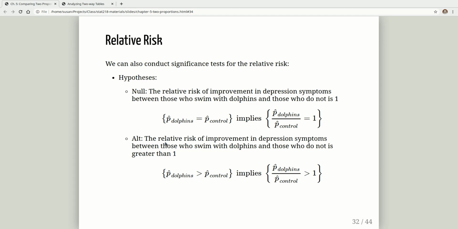The alternative hypothesis is that the proportion of people who improve in the dolphins group is greater than the proportion of people who improve in the control group, which means that the relative risk is going to be bigger than 1. If you multiply both sides by p hat control, you get the same hypothesis that we had before, right?